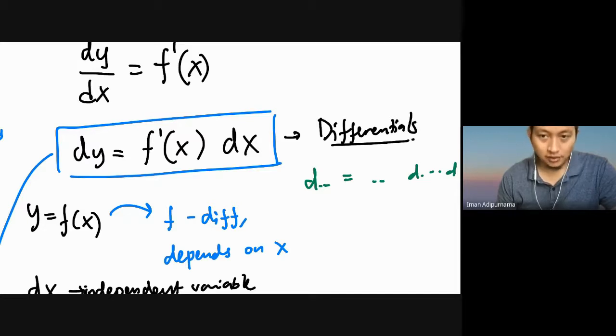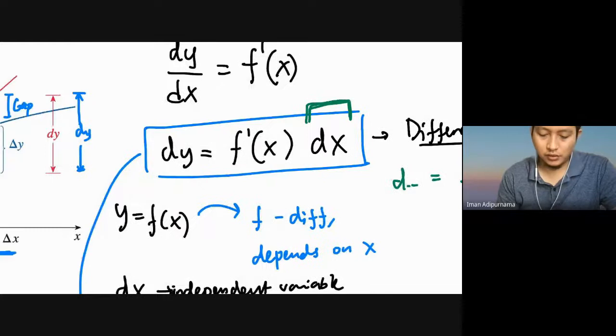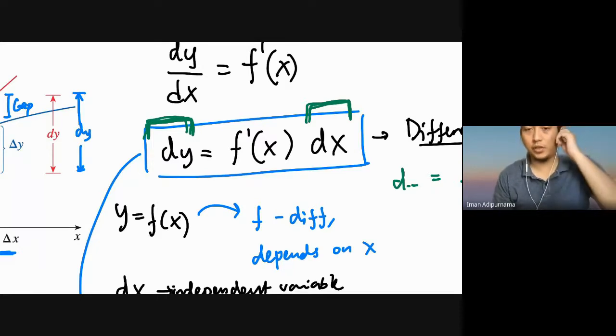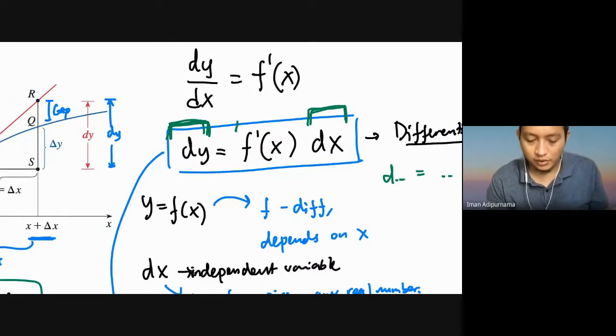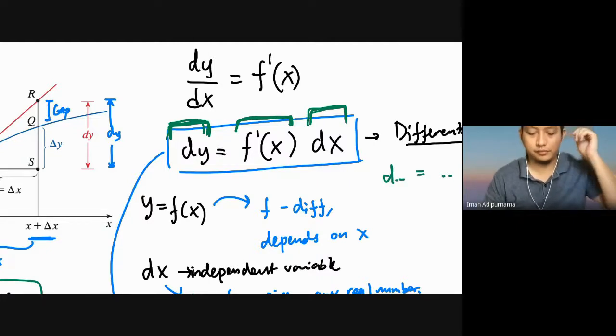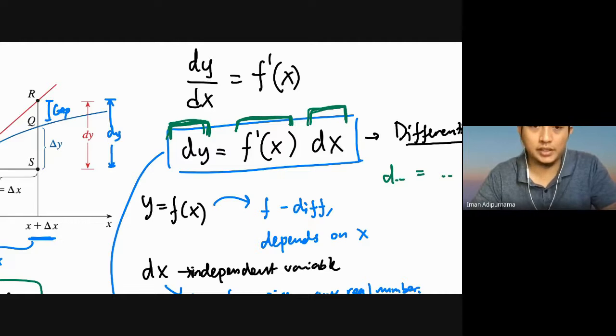The meaning, in simple words, is that if you have a change in x, you will also have a change in y, because y is a function of x. And you can also see here that f prime is also changing when x is changing, right?